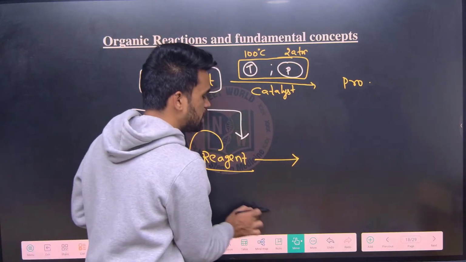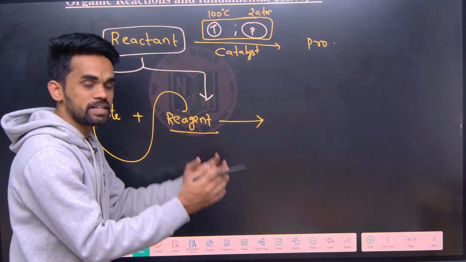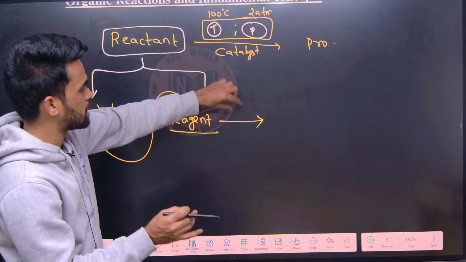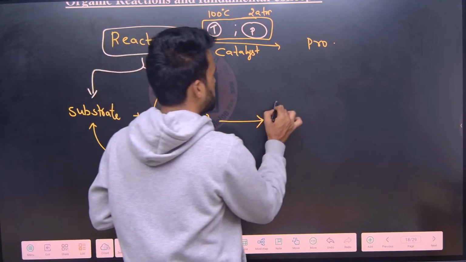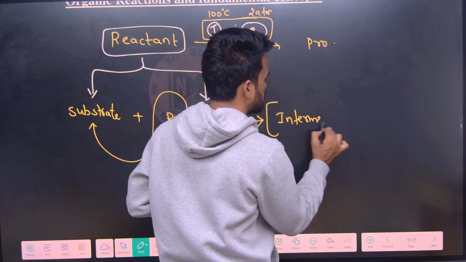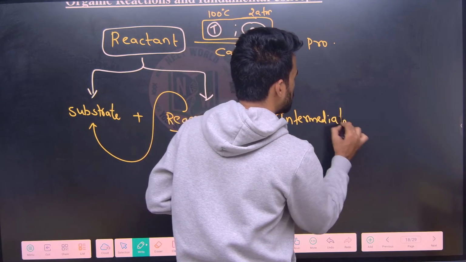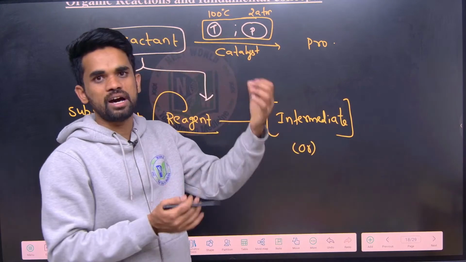When it is attacking, sometimes the reaction requires some acidic condition or basic condition, you mention it on the arrow mark. Once it is attacking there, we may get something called an intermediate. Sometimes it will be an intermediate, or there is no intermediate and directly product formation takes place.